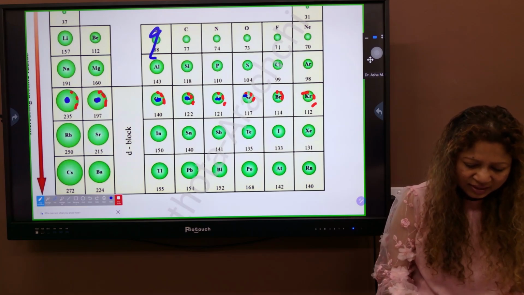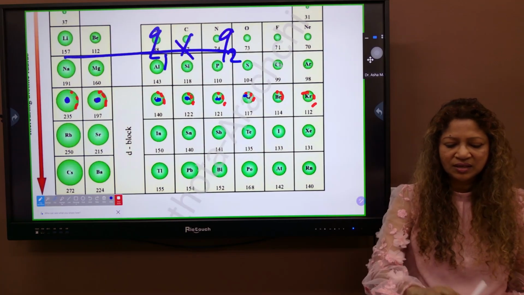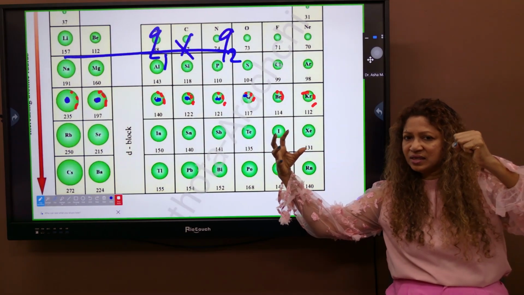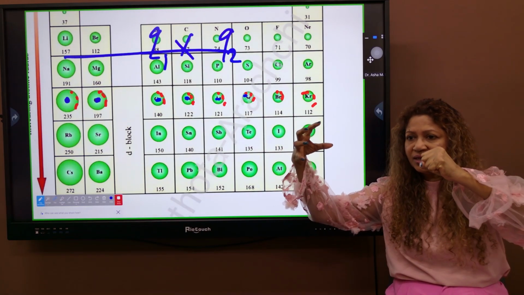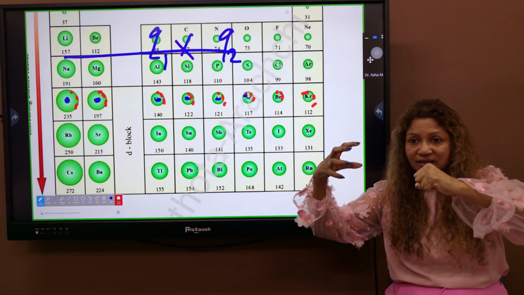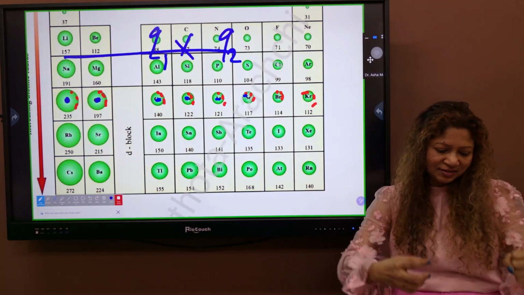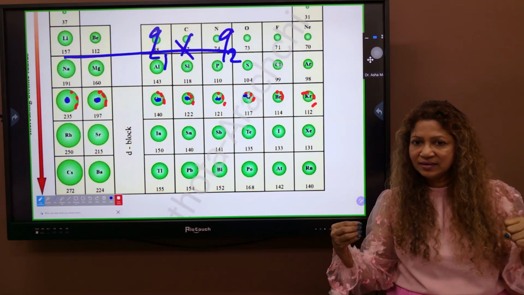So Q1 is increasing, Q2 is increasing, more attraction. When the nucleus-electron attraction is greater, they are attracted more and more towards the nucleus. What happened to the size? Size decreases. So along the period, radius decreases.